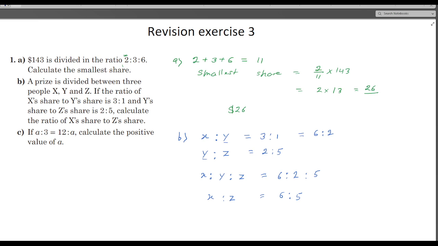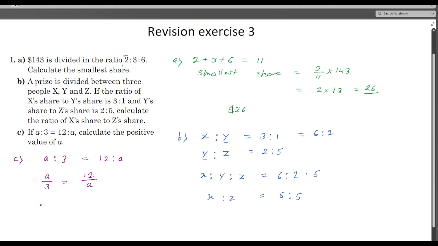Now the third question, C part. C part is, you have given A ratio 3 is equal to 12:A. We have to find the value of A. So when A ratio 3 is 12:A, we can write this as A divided by 3 is equal to 12 divided by A. Okay.